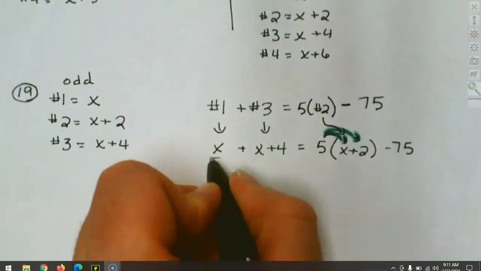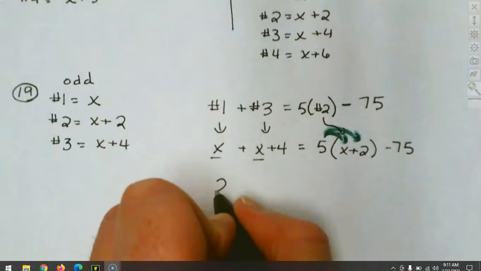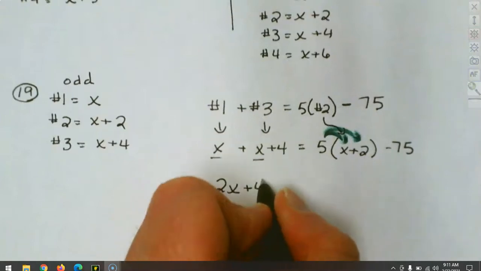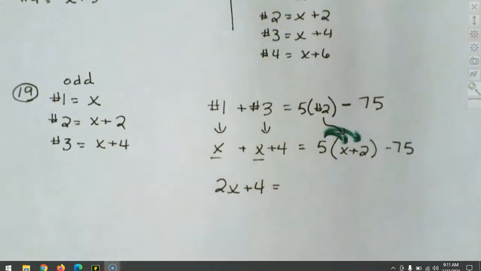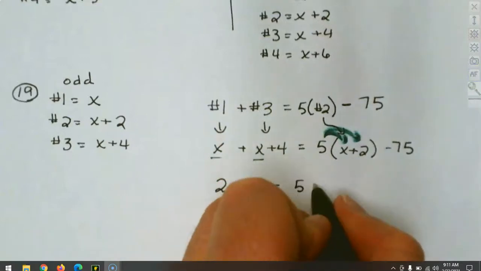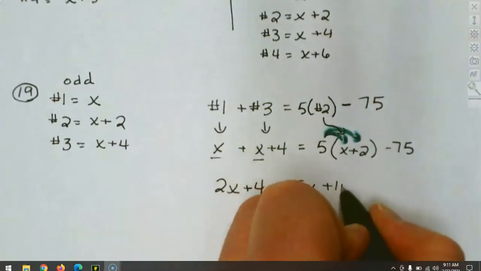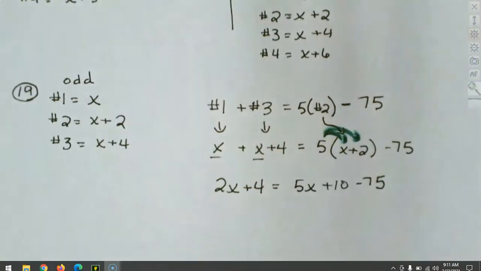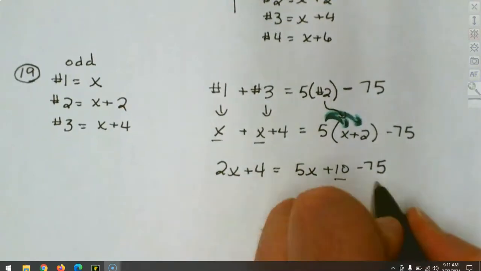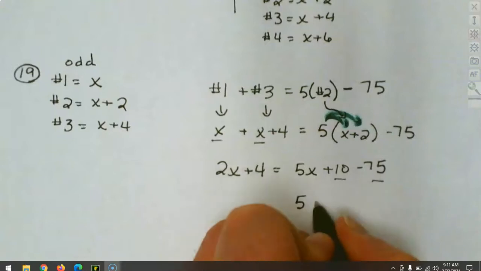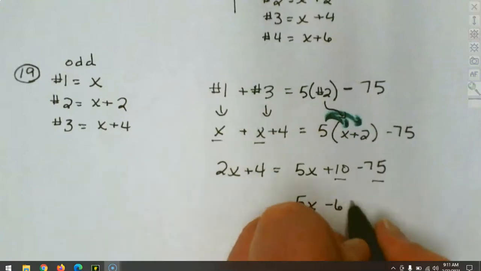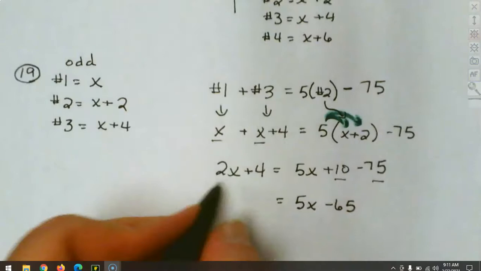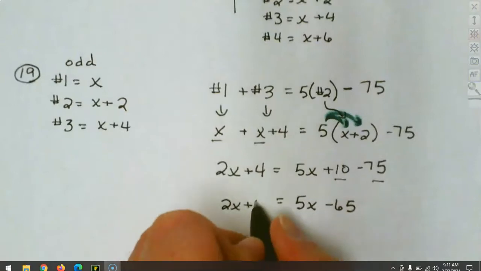So these x's can go together. So on the left, we've got 2x plus 4. Distributing through, we've got 5x plus 10 minus 75. So I just distributed that 5 through. We can now combine these together. And so we now have 5x minus 65 equals 2x plus 4.